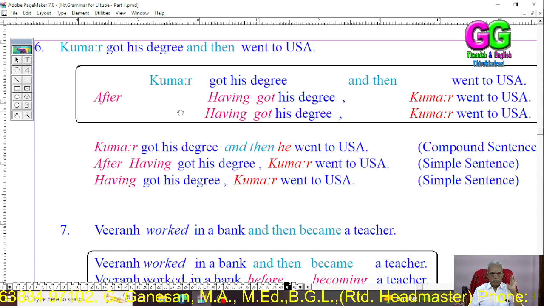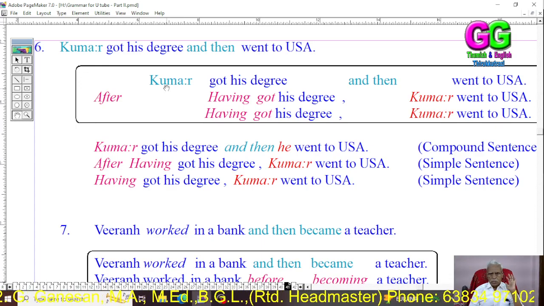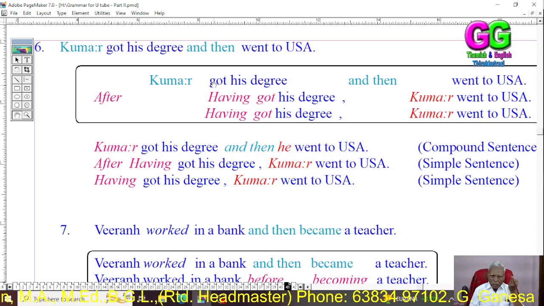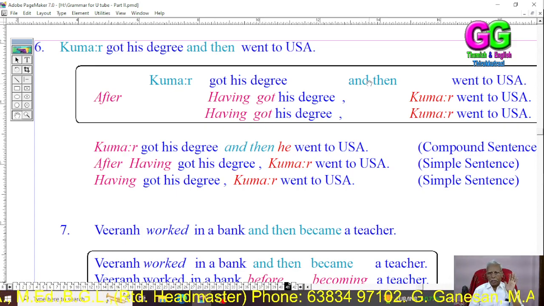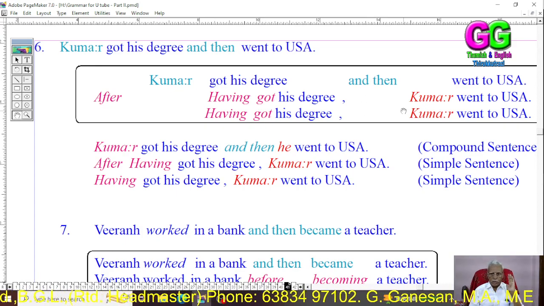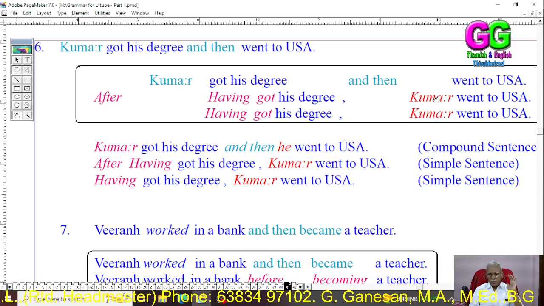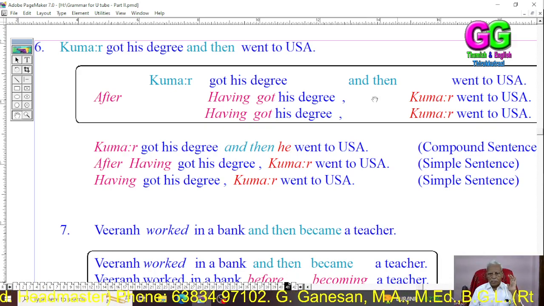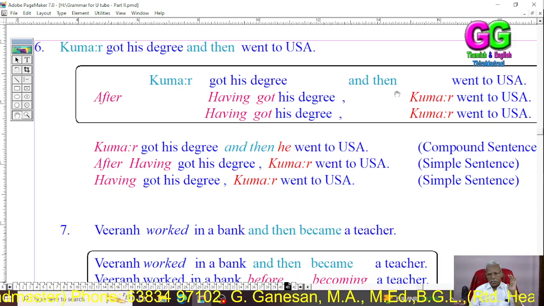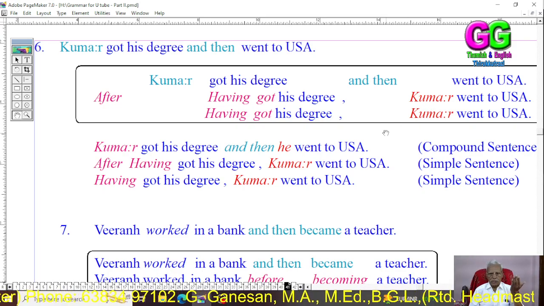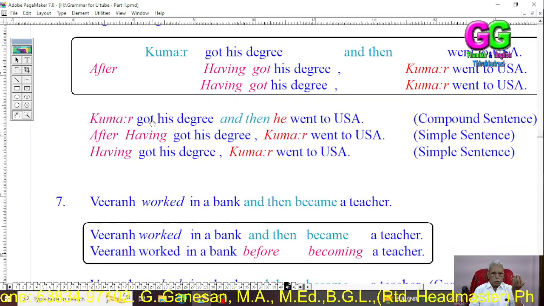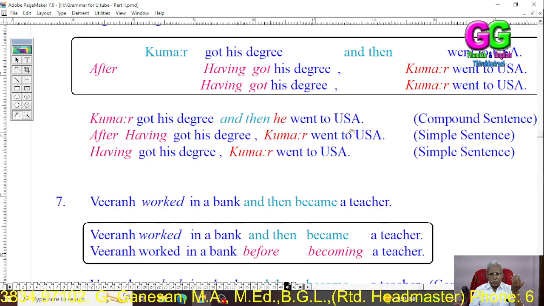That's all. The phrase after the subject is removed, the past tense has been changed into "having" plus past participle, and the conjunction removed. And as there is no subject in the second clause, the first subject has been brought to the second clause. Kumar got his degree and then he went to USA.